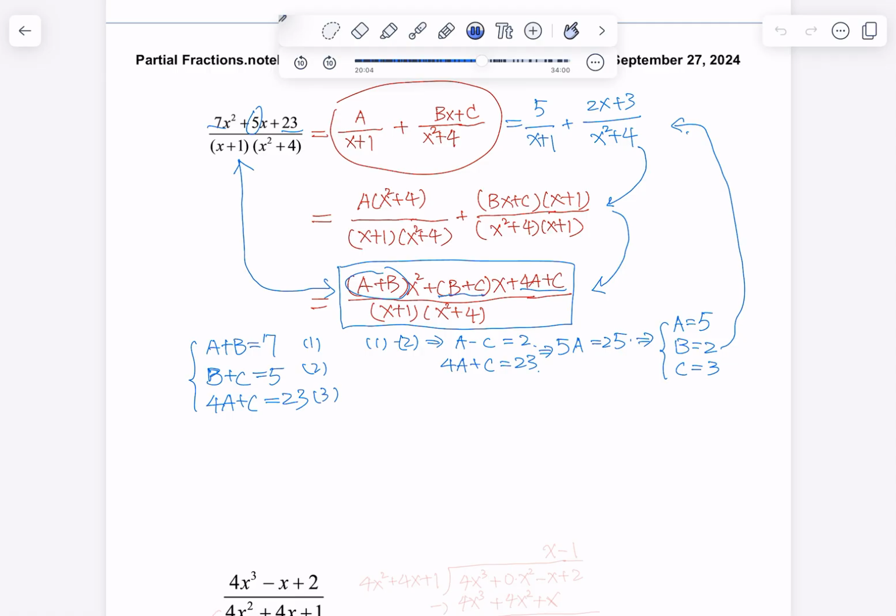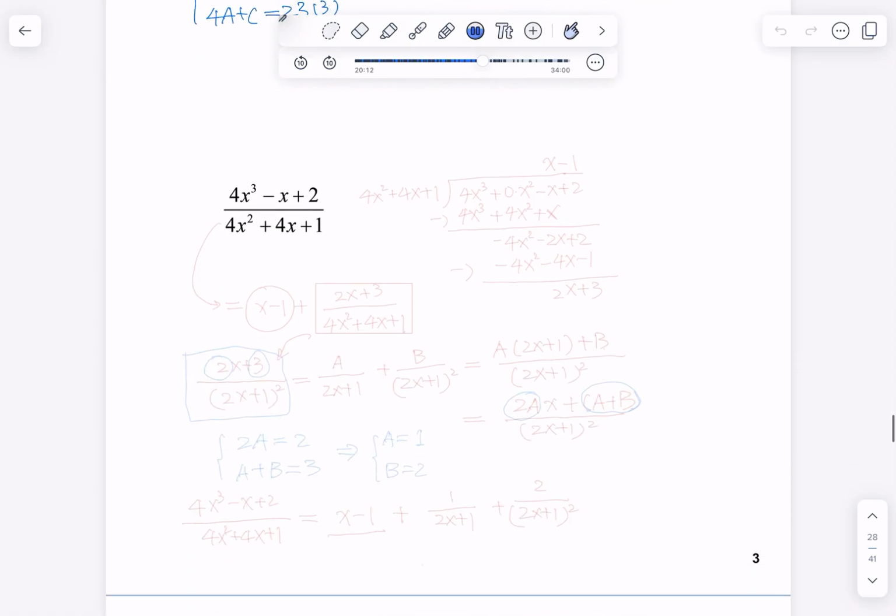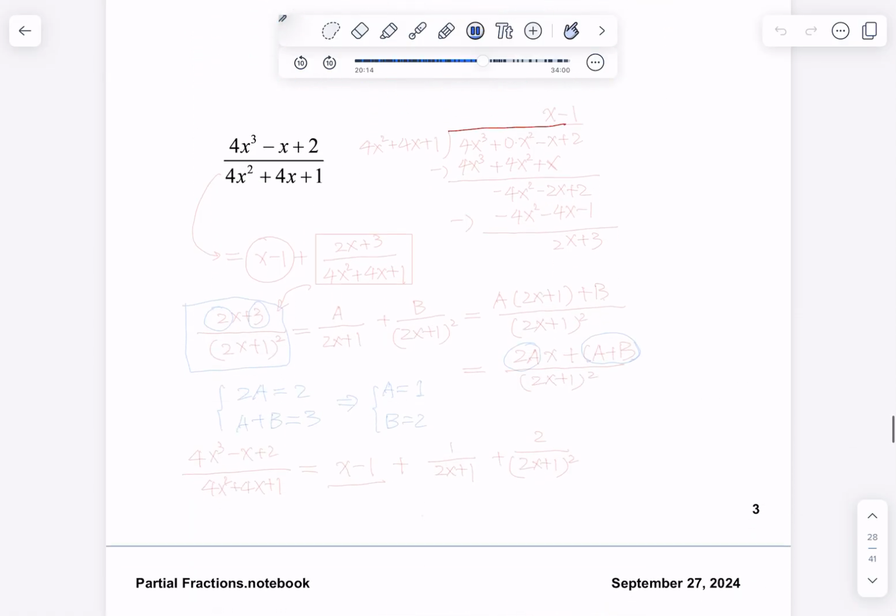degree of the denominator. So your first step would be to do the long division to get this remainder. And this is how we do the long division. We have 4x cubed. Since we are missing the quadratic term, we'll just leave a space here. Minus x plus 2. Divided by 4x squared plus 4x plus 1.